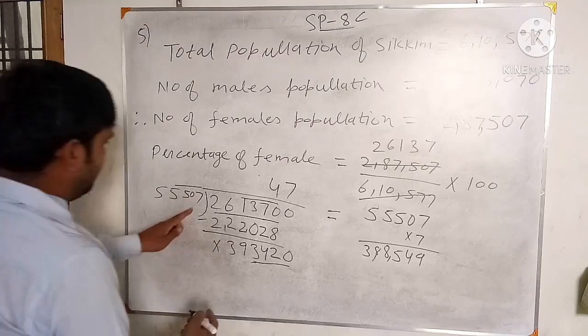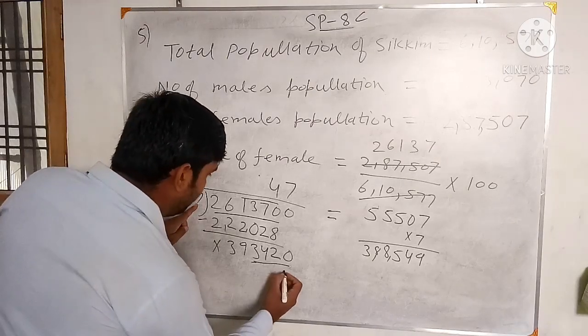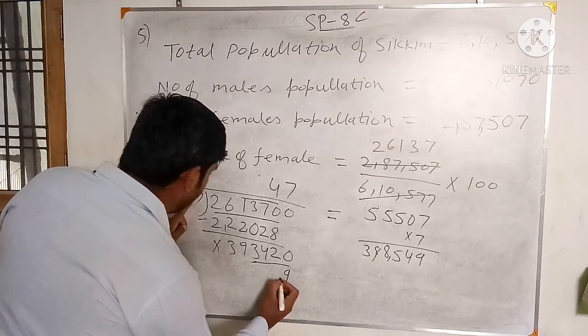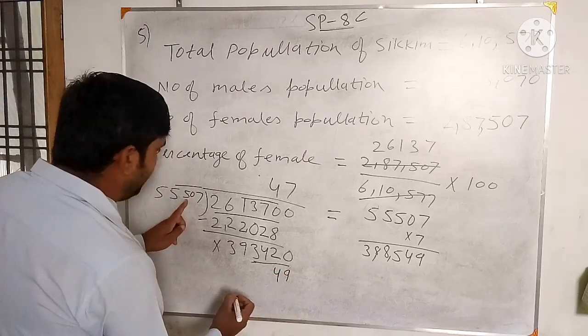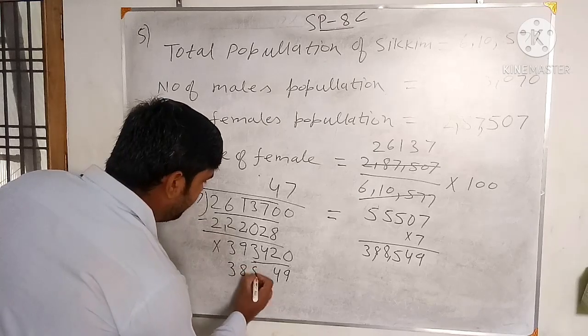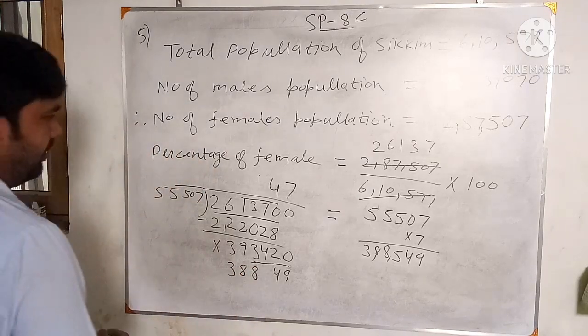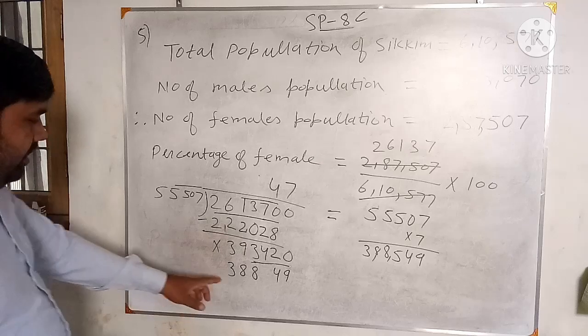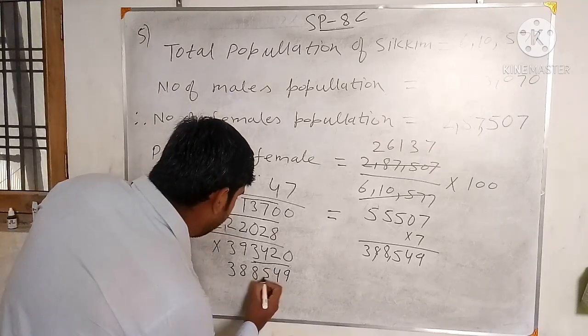Now see, 7 7s are 49, 7 5s are 35, so here we got 3,88,549.